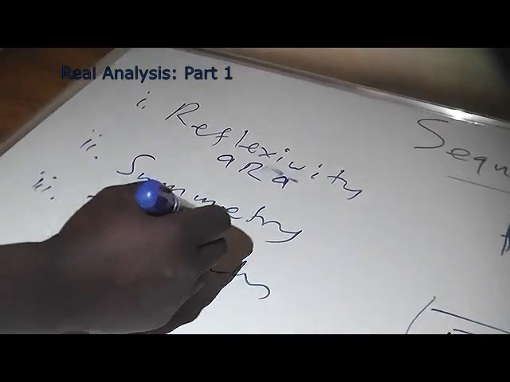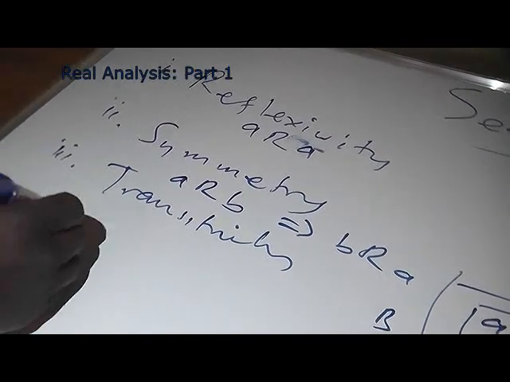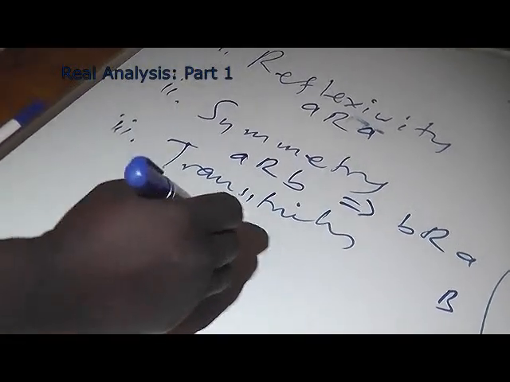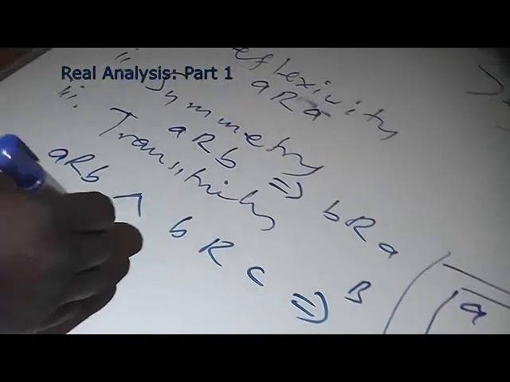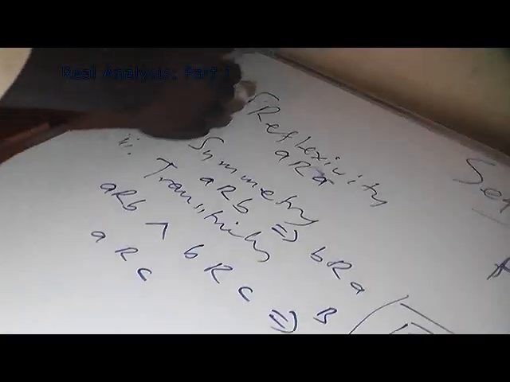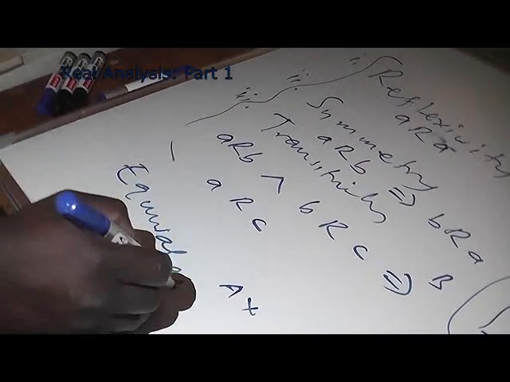If A is related to B implies B is also related to A, the converse, then we say this is symmetry. If A is related to B and B is related to C implies A is related to C, that's transitivity. Now, a relation that is reflexive, symmetric, and transitive is called an equivalence relation.